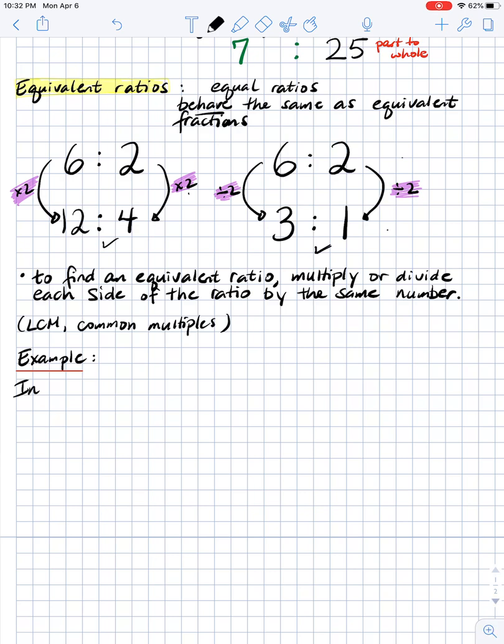So in a punch, so type of drink, a fruit punch, 2 cups, and this is where ratios play out into recipes a lot, of orange juice are mixed with 3 cups of ginger ale.